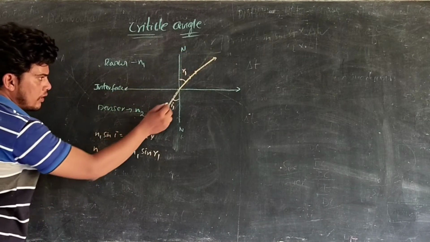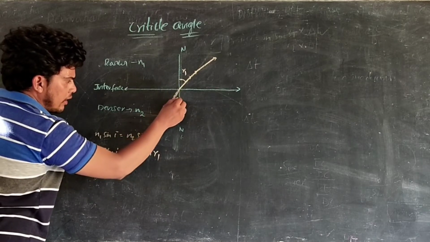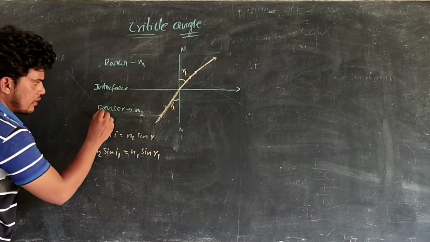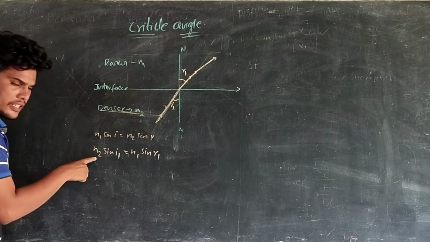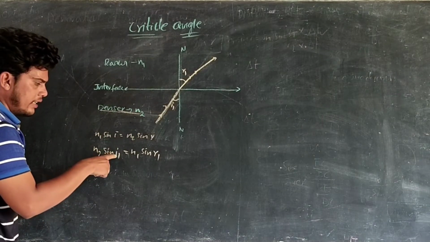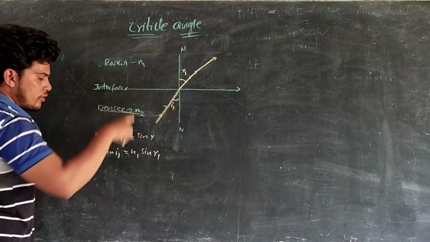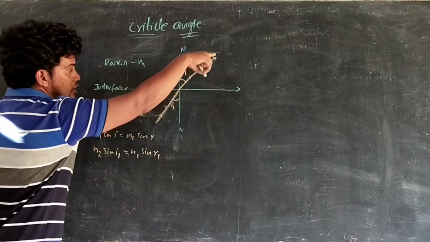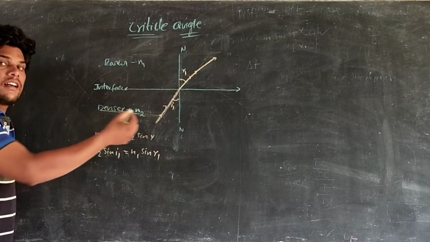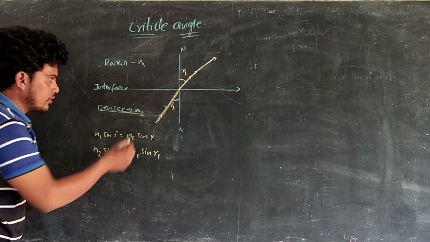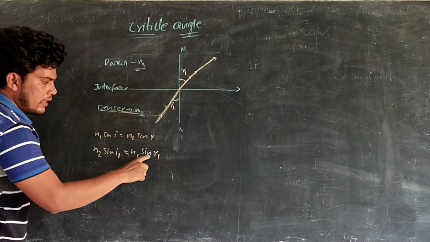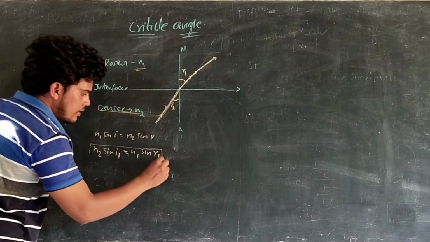In the denser medium the incident ray is I1, so the refractive index is N2. That's why we wrote N2 here. N2 sin I equal to N1 sin R, because refraction takes place in the rarer medium, so the rarer medium refractive index is N1. So N1 sin R1. So it obeys Snell's law.